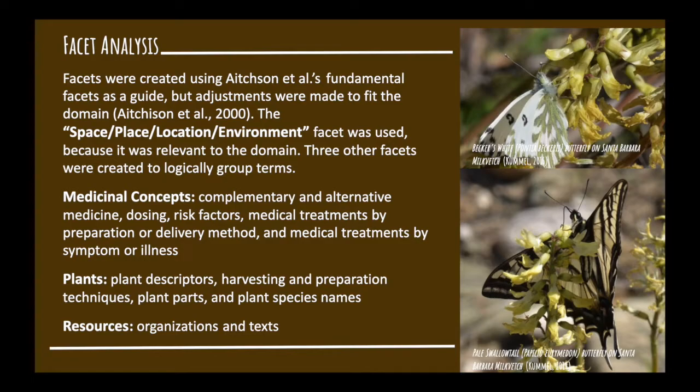Medicinal concepts, which includes complementary and alternative medicine, dosing, risk factors, medical treatments by preparation or by delivery method, and medical treatments by symptom or illness. Plants, which includes plant descriptors, harvesting and preparation techniques, plant parts and plant species names, and finally resources, which includes authoritative organizations and texts central to our domain.